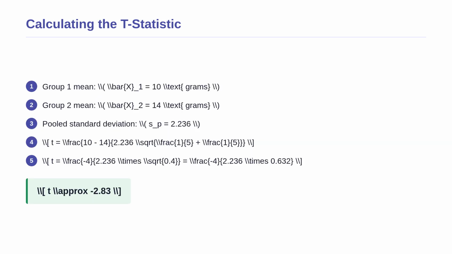Let us finish our mice example by plugging our numbers into this main formula. We know the standard diet mice gained an average of 10 grams, and the new diet mice gained 14 grams. We subtract 14 from 10 to get -4 in the numerator. In the denominator, we multiply our pooled standard deviation of 2.236 by the square root of 0.4.